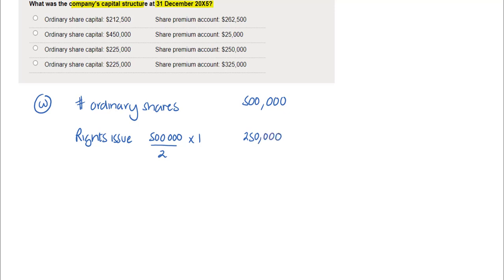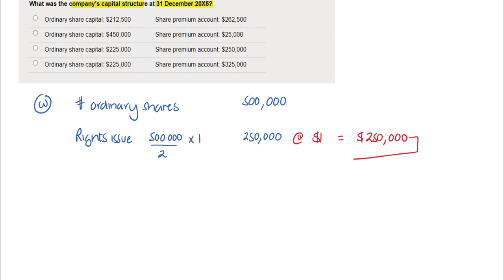Now, we know that the rights is made at a monetary amount of $1 per share, giving us a total amount of $250,000. Now, yes, this would be the cash that the company receives. However, when it comes to entries posted in the share capital and share premium account, the posting to the share capital account will only be for the nominal value.